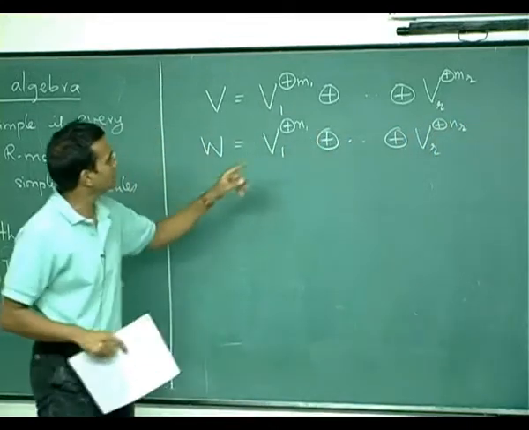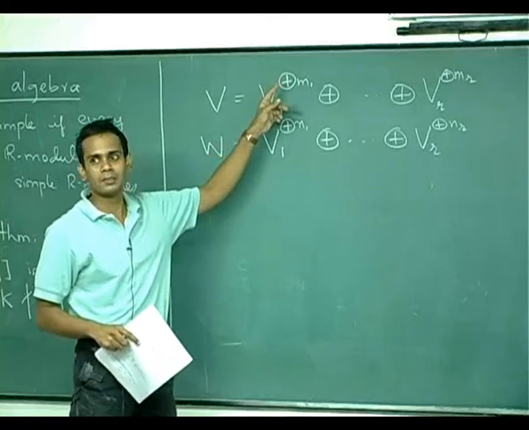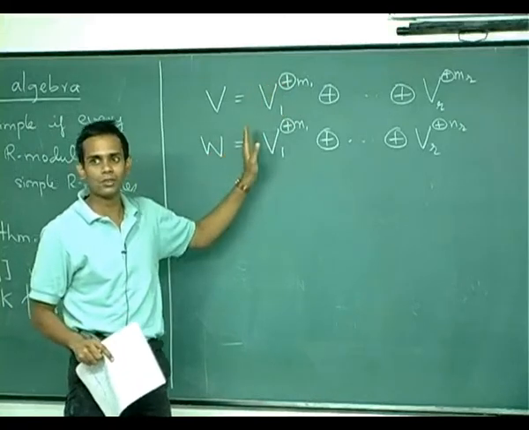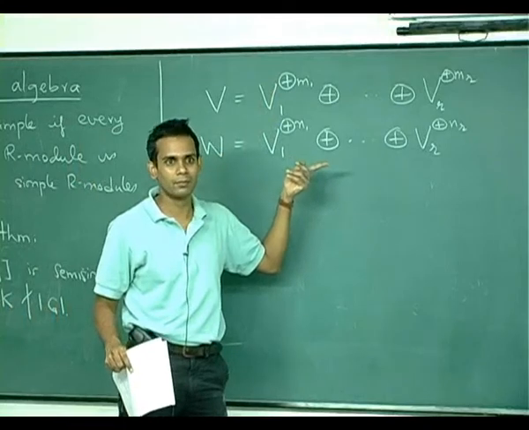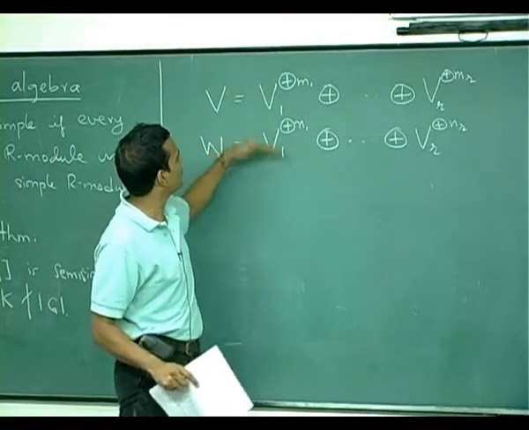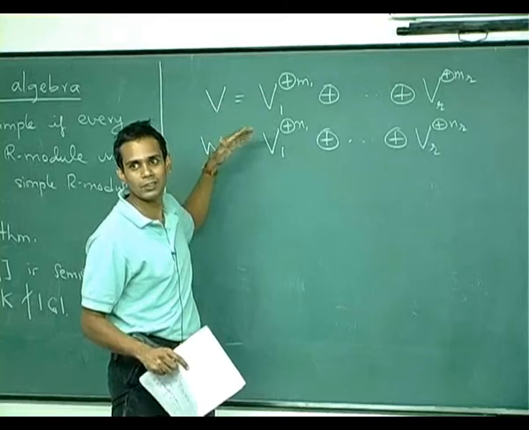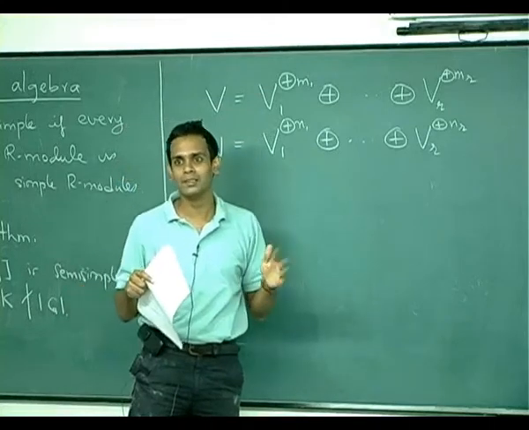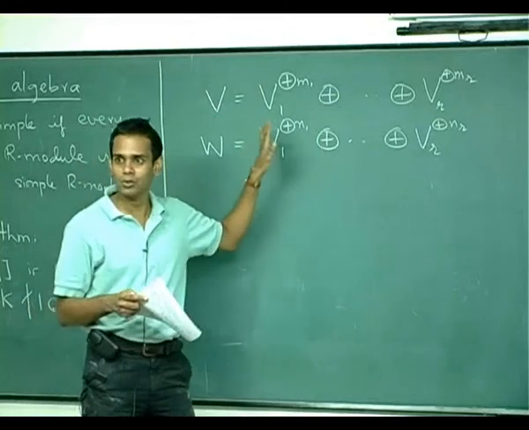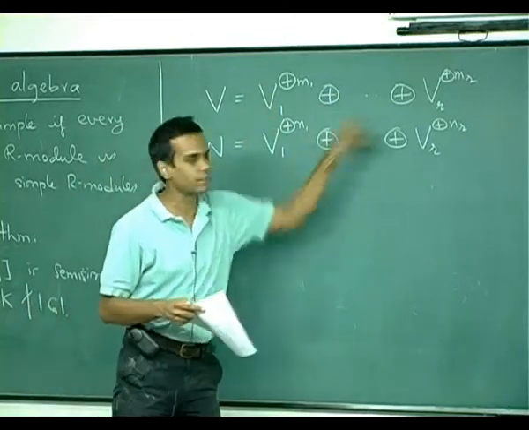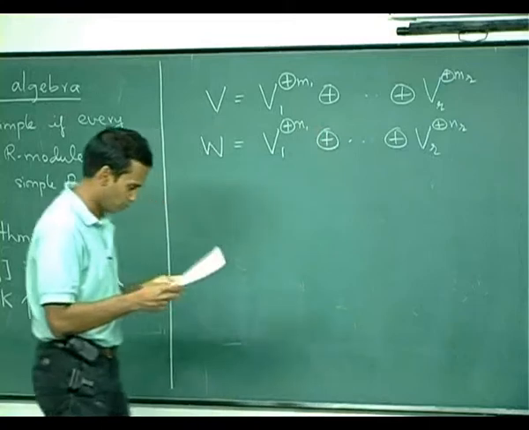If I don't insist that the Mi's be strictly positive, then I can assume that this set of simple modules is the same, because suppose some different simple modules occur in these two decompositions, I can just enlarge them to the union, and by putting some of these indices to be 0, I can just assume that the indexing sets are the same for the simple modules.